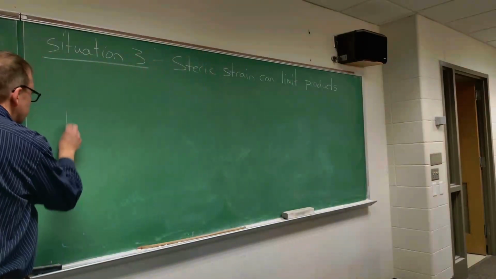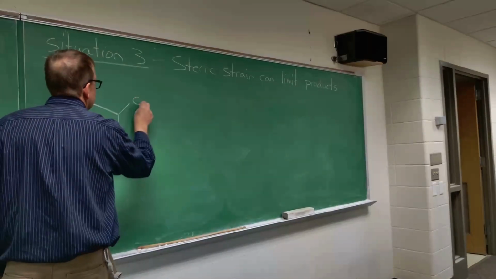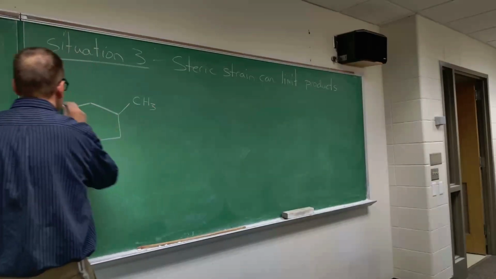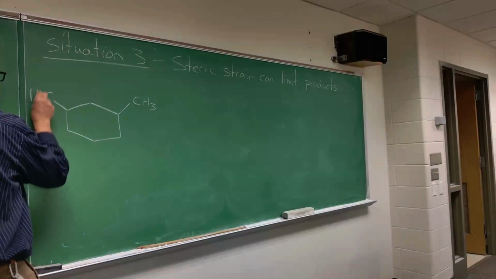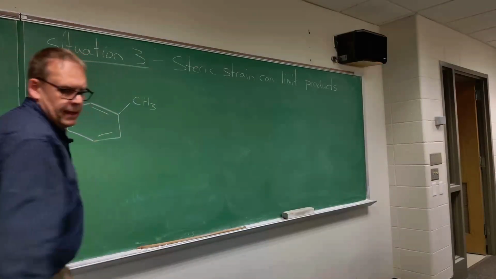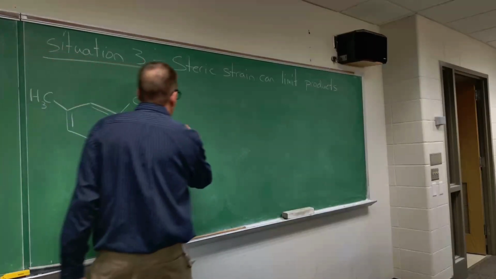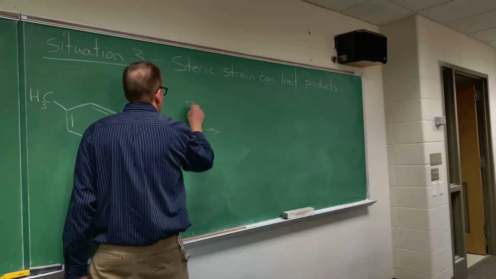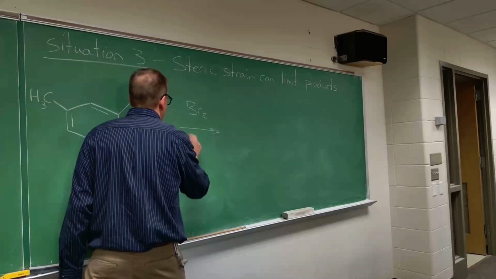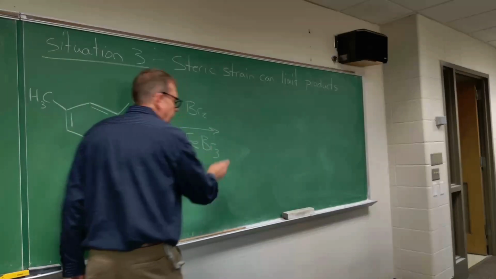And this example is going to start with a benzene ring that's got 2 methyl groups on it. And they're arranged in a meta relationship with each other. And if you do a reaction with this molecule, like say for example, you put in Br2 and FeBr3, what happens?